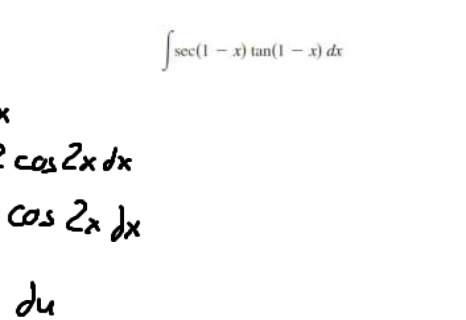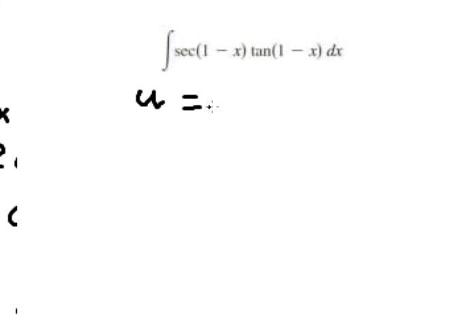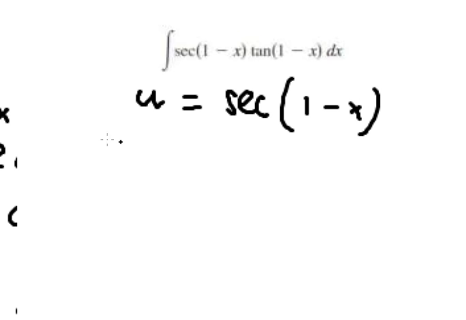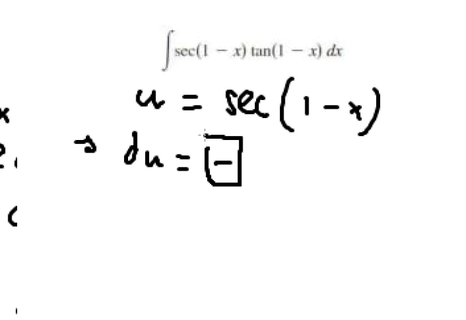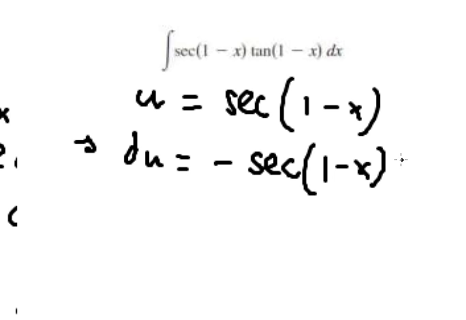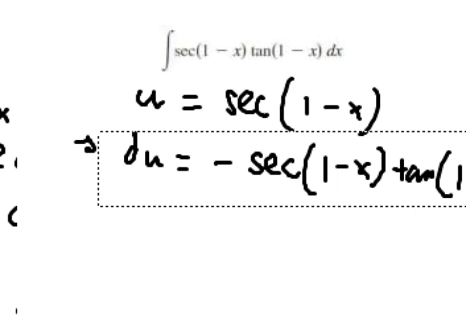Next, about this one, I will put u equal to secant of 1 minus s. If we do first derivative, this one, we have negative because we have the negative sign next to s. That's why we have the negative in here. Secant of 1 minus s tan 1 minus s dx. That should be like this.